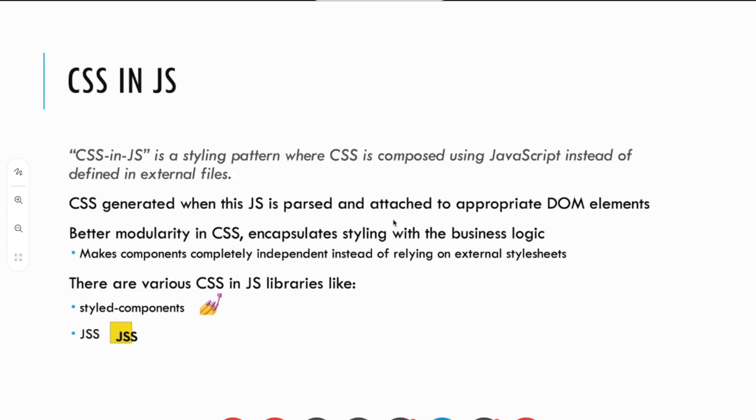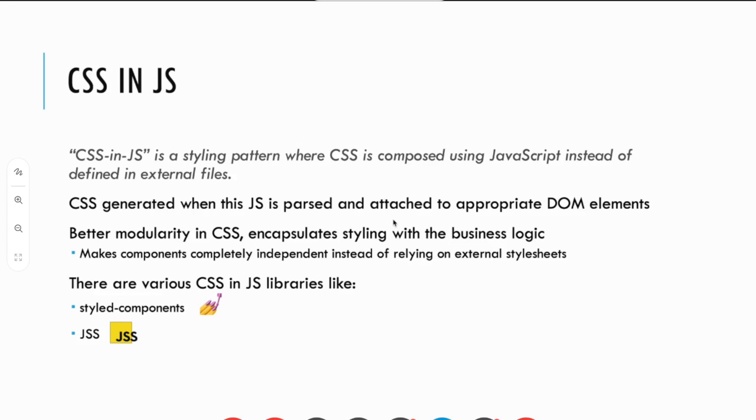And if that external style sheet was not properly included, your code would not really work. So CSS in JS solves this problem by introducing a new styling pattern where your CSS code is composed within the JavaScript itself instead of being defined in external style sheets and external files. And when this JavaScript is parsed, the actual style is generated and attached to the appropriate DOM elements.